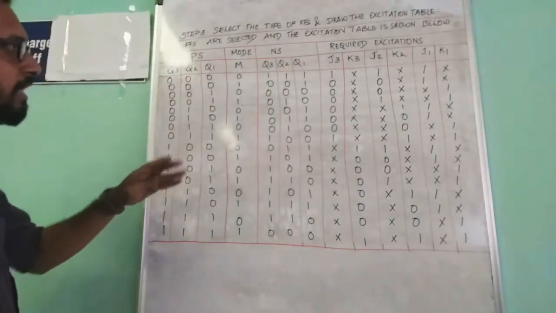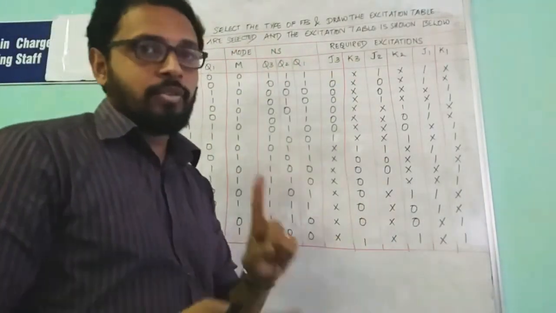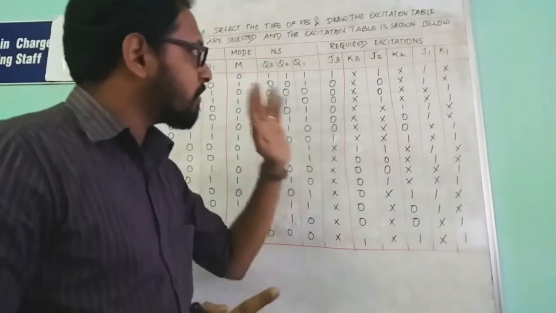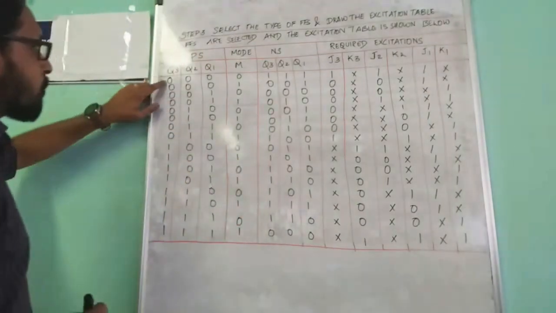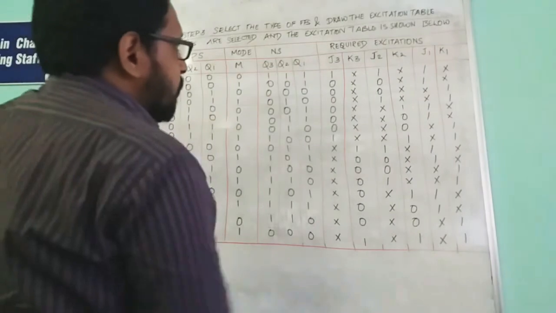And what about this? The required excitations J3, K3. We have 3 cases, right? We have one state for Q1, another one Q2, another one Q3. There will definitely be J3, K3, J2, K2 and J1, K1. So for Q3, how can we find these values?